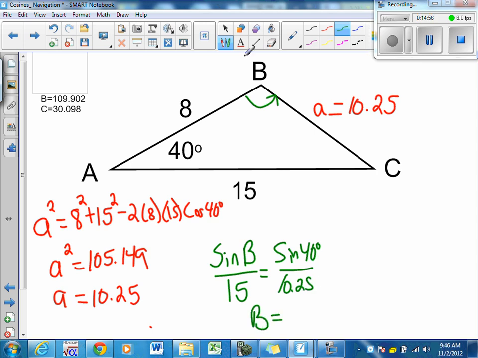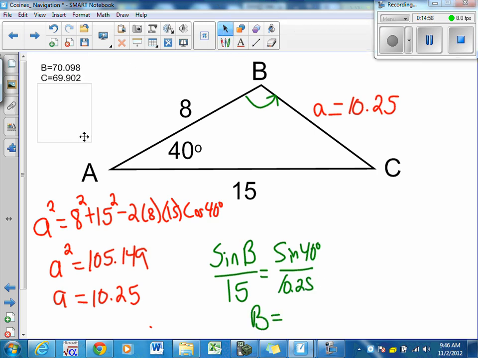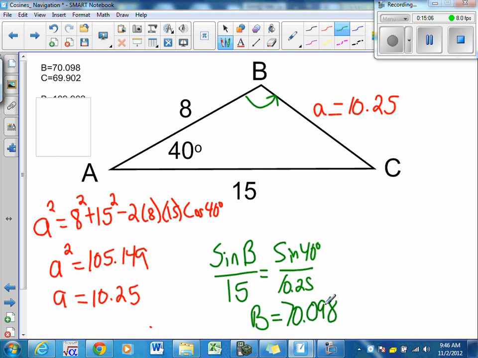I get B to be 70.098 degrees. So let's just round and say this is 70 and this is 70, or 70 and 69.9.